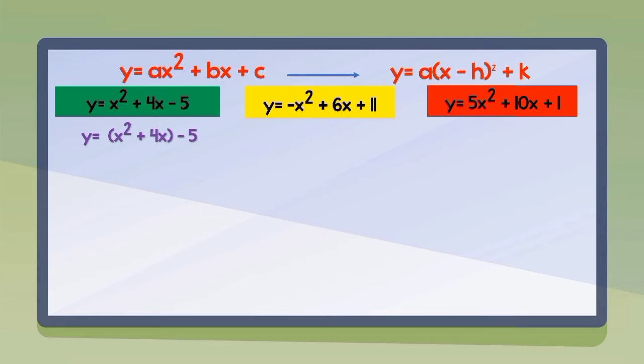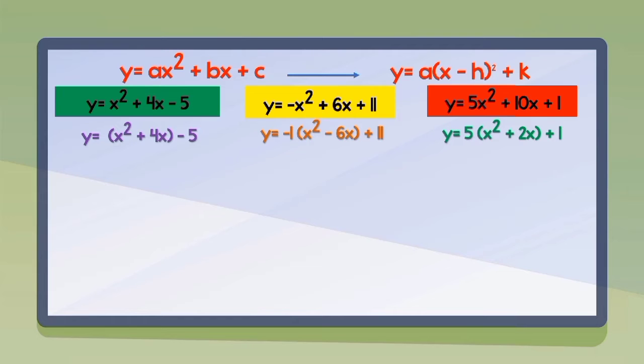What we're going to do is factor that out of the first two terms. That is, y equals negative 1 times x squared minus 6x plus 11. Now our a is equal to 1, so we're all set. On the third function, we have to factor out a 5. That is, y equals 5 times x squared plus 2x plus 1.